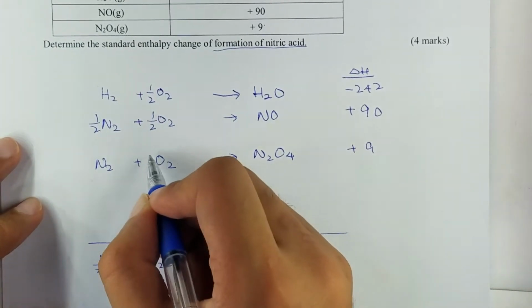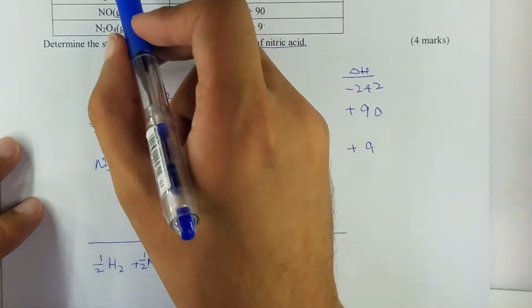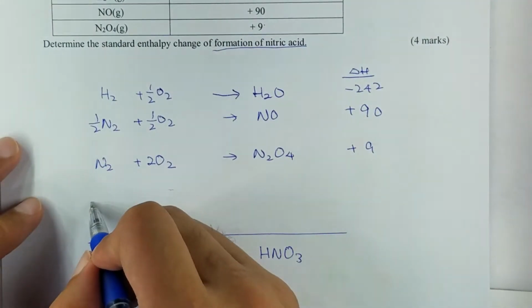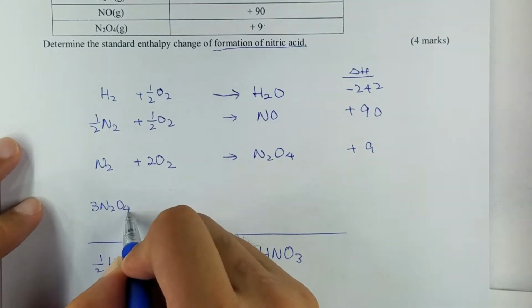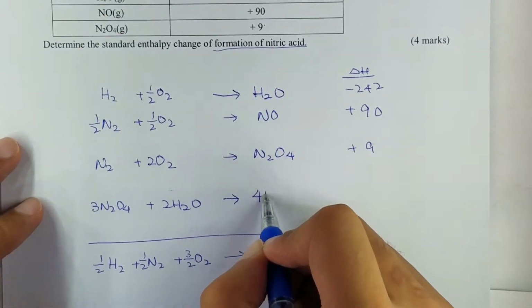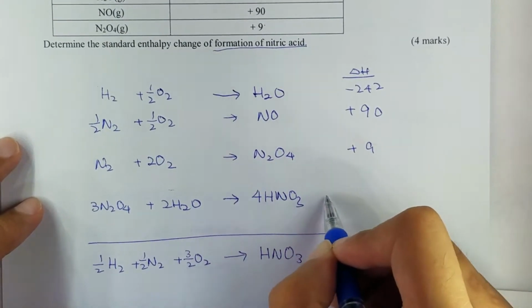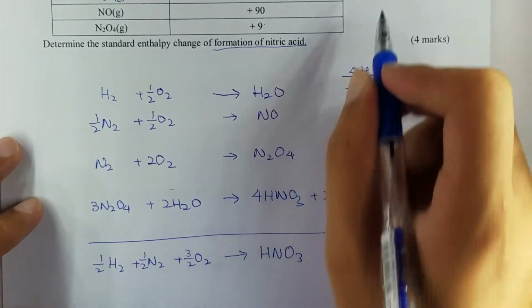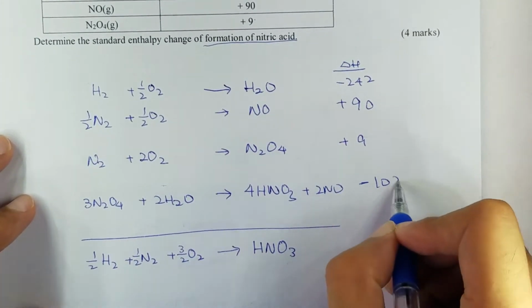Again balance, so this is 2 here. And finally, don't forget the 4th one, which is 3N2O4 plus 2H2O giving 4HNO3 plus 2NO, and it's -103.